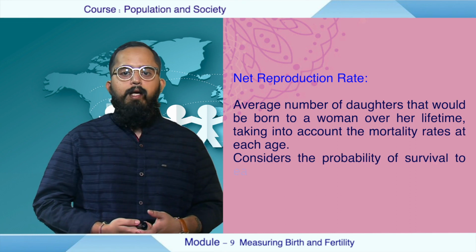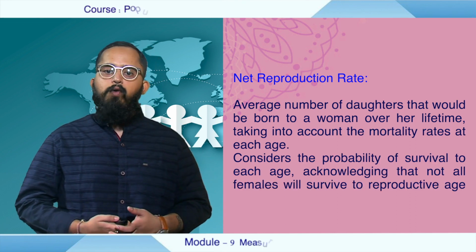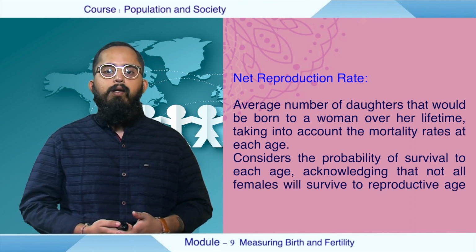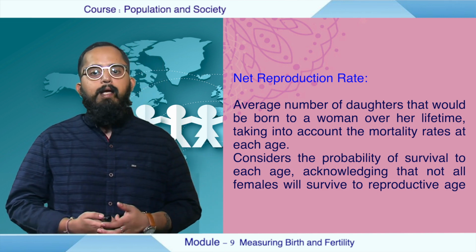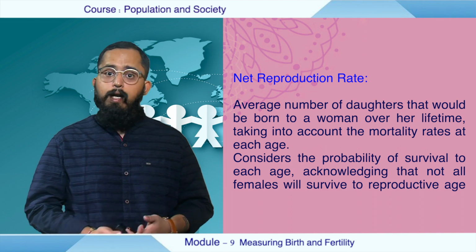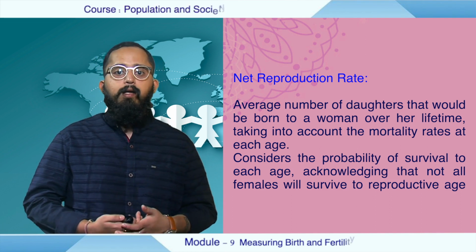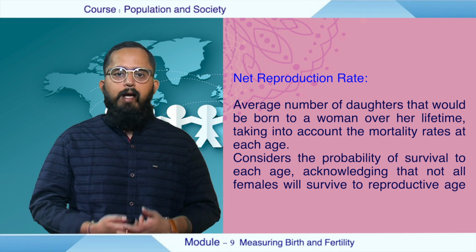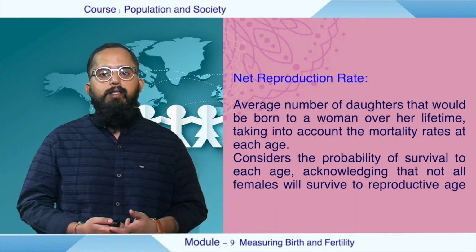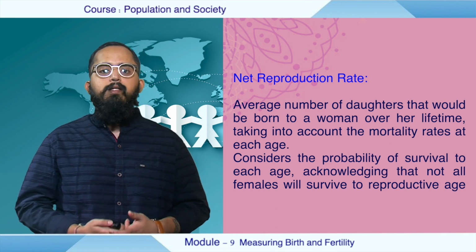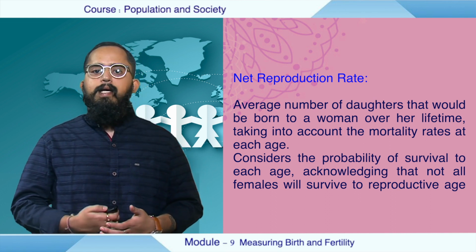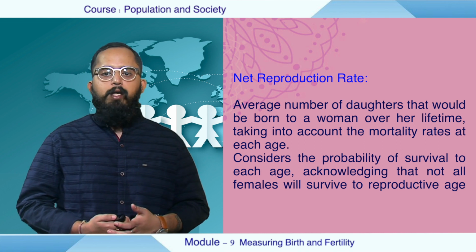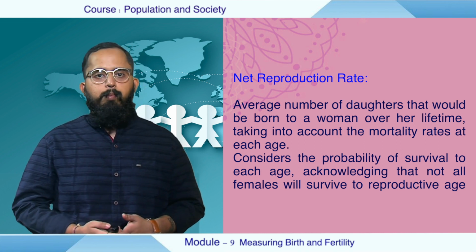The net reproduction rate represents the average number of daughters that would be born to a woman over her lifetime, which takes into account the mortality rates at each age. Unlike the gross reproduction rate, the NRR considers the probability of survival to each age, acknowledging that not all females will survive to reproductive age. It provides a more realistic assessment of the reproductive potential of a region with a more boundaried approach.